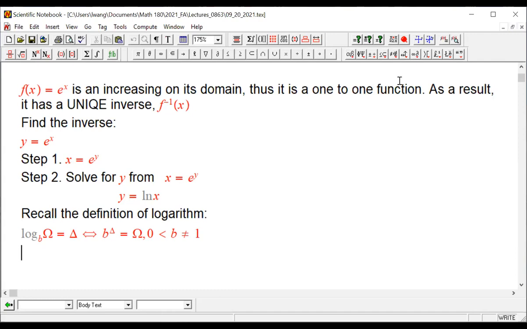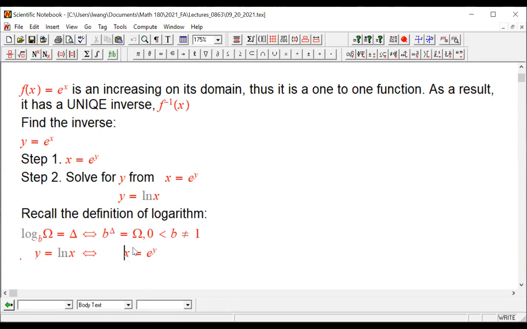Okay. So how does this guy in the exponential form relate to this guy? You go through that process. Base e is indeed larger than 0, not equal to 1.